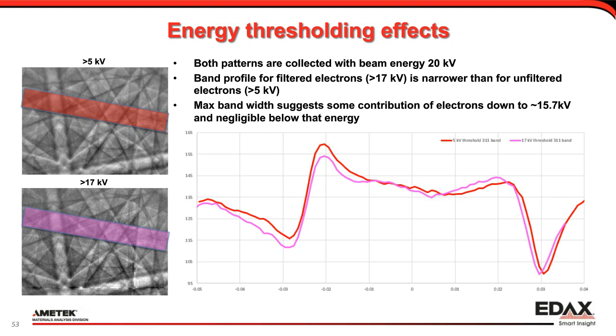There may be a slight change in width here, where the 5 kV pattern is slightly wider, which suggests that electrons with a lower energy can contribute to the pattern. But as just a back of the envelope calculation, it was not much that I lost in there. So it seems that the contribution of the low energy electrons is really small.